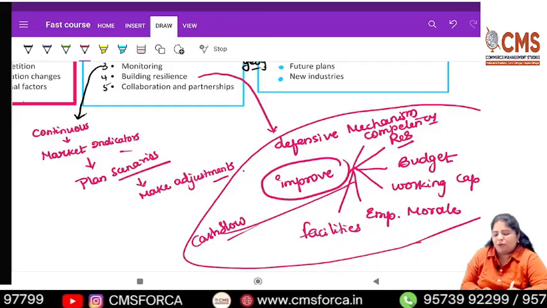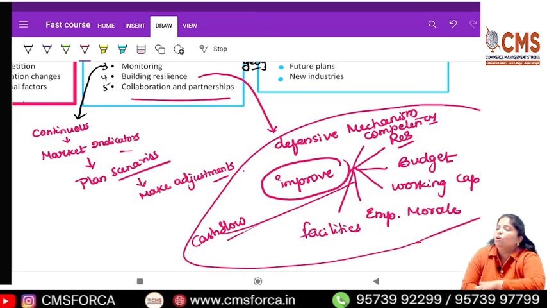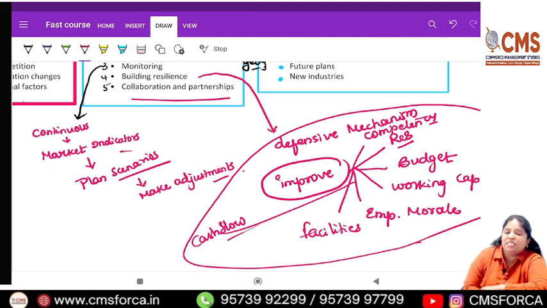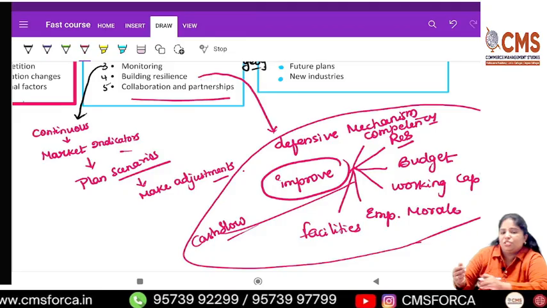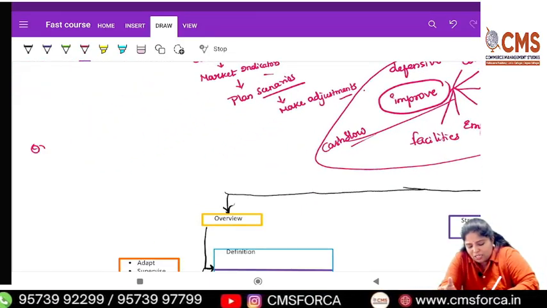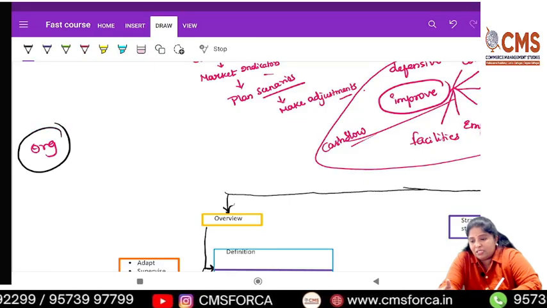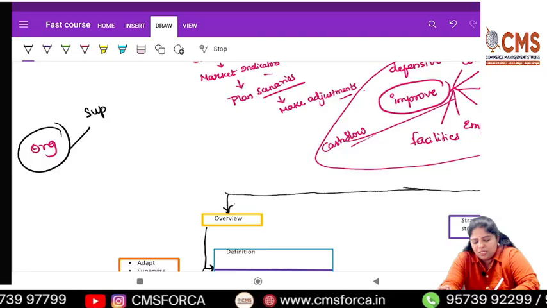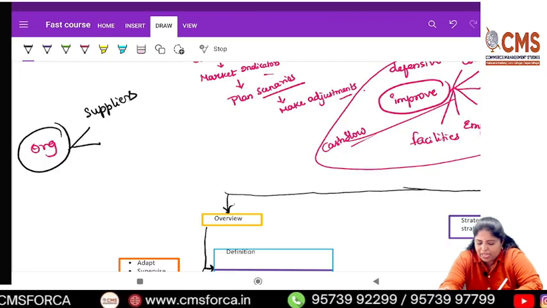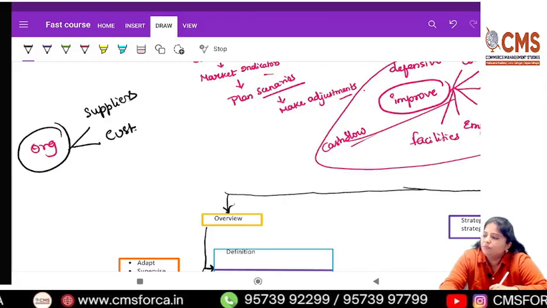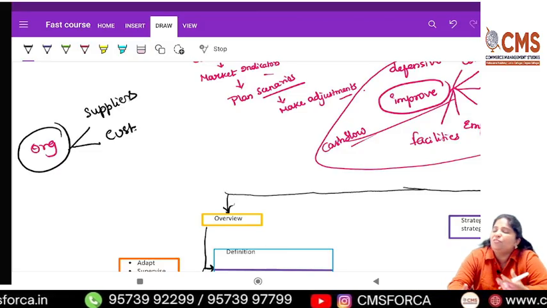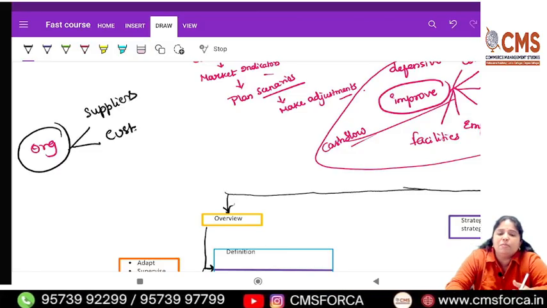Let's talk about the fifth one, collaborations and partnerships. How do we manage uncertainty? Through collaborations and partnerships. An organization can collaborate or partner with their suppliers, with even their customers, or they can try to collaborate with other friendly organizations in the market.